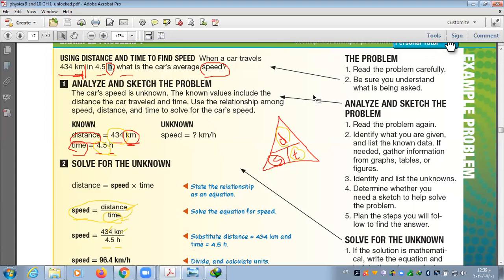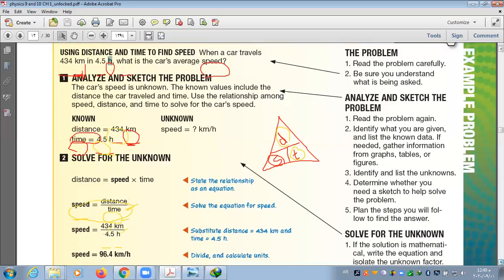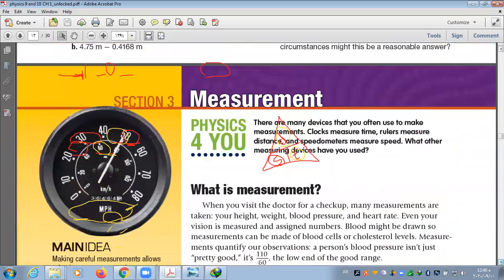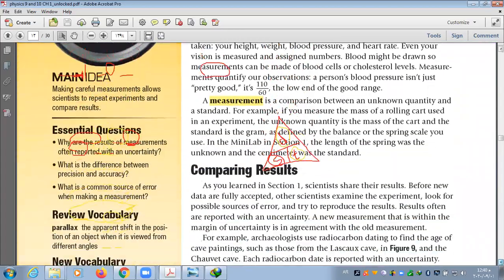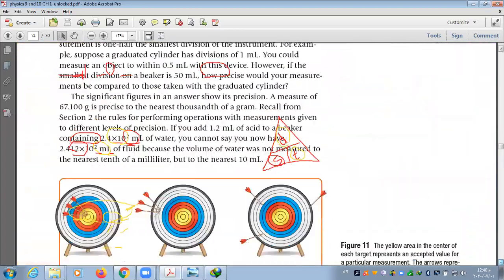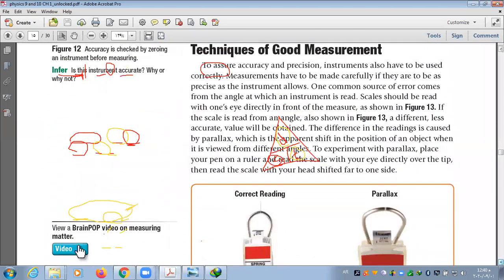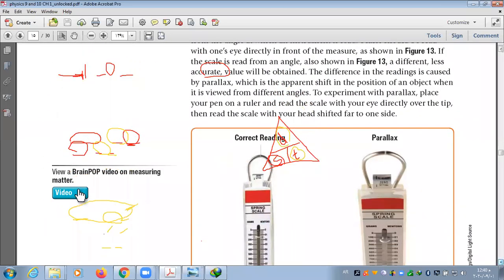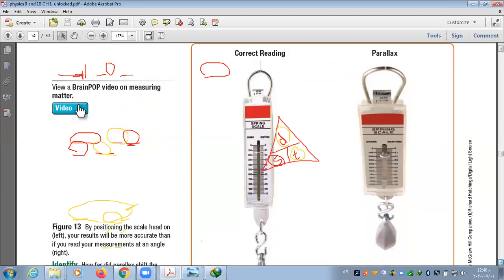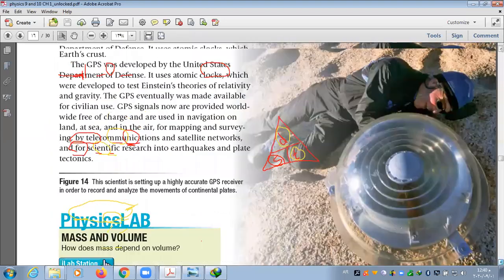Inshallah, our next period we will talk about graphs. I think you still have notes from last year, so please revise graphs. How can we solve and interpret with graphs? Here we talked about measurement, precision, accuracy. We think we finished, we just still have parallax, only one point.